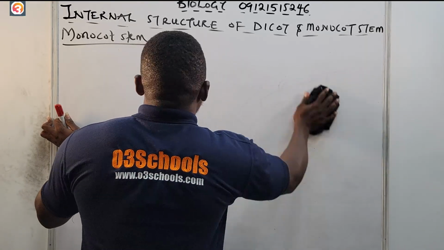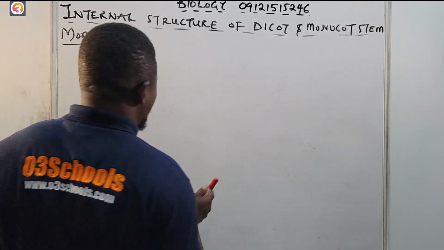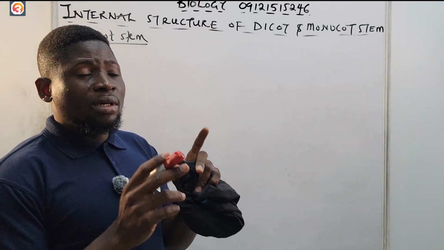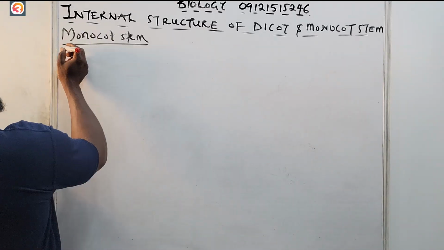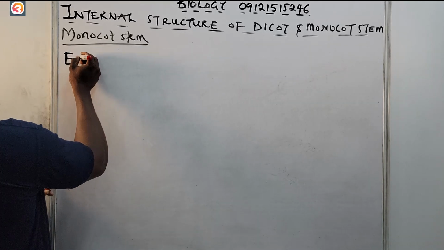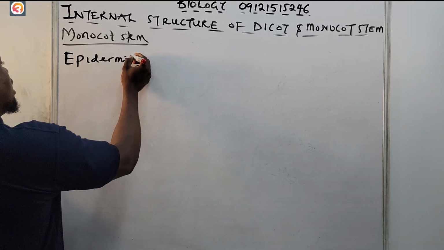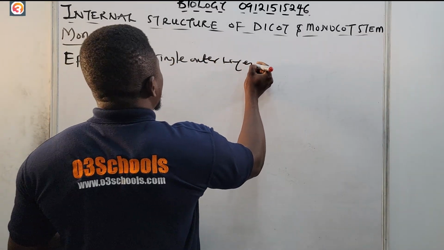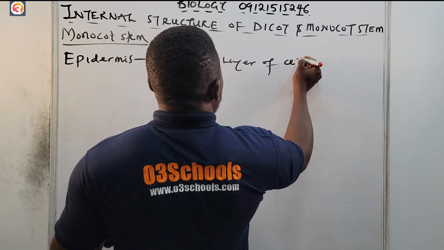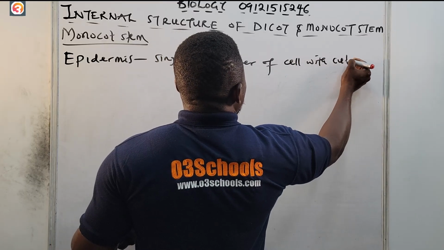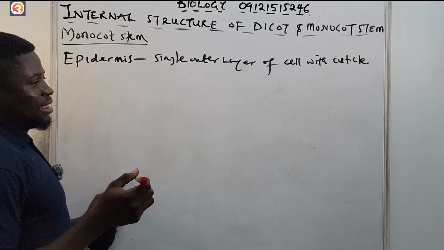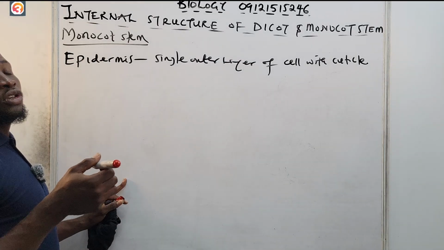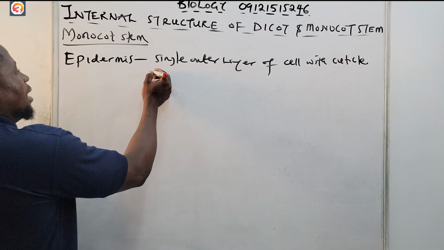You know that it is the outer layer, a single outer layer, but remember that it has cuticle. The epidermis of a monocot stem has cuticle, and it may even have stomata. So number one, epidermis is a single outer layer of cells, and it has cuticle, like we have said.